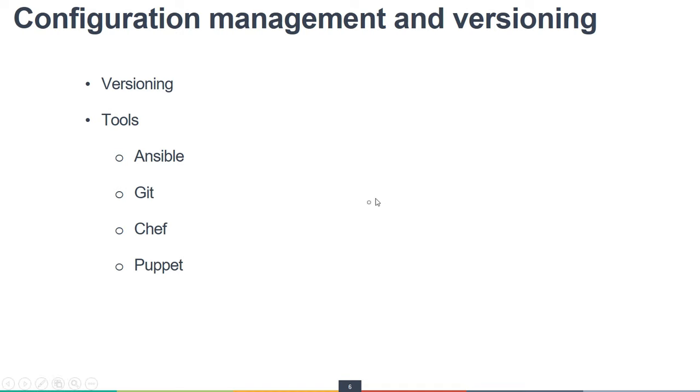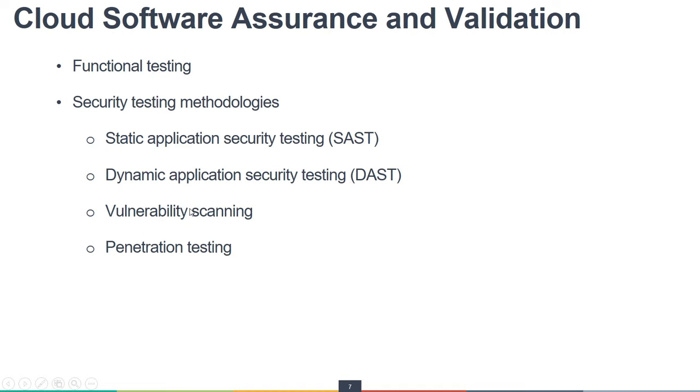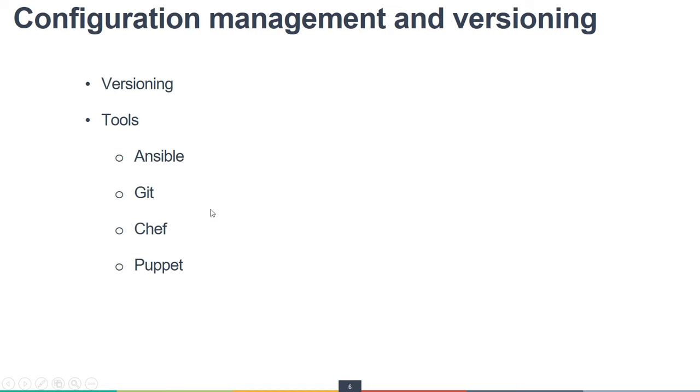There are certain tools here, for example Ansible, Puppet, Chef, and Git. Of course, Git is the one used to maintain the code, while Ansible, Chef, and Puppet are mainly for configuration management.